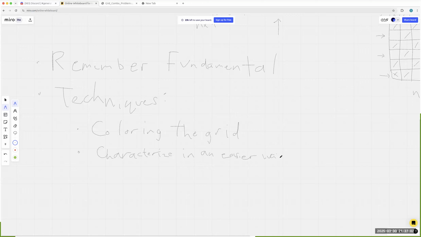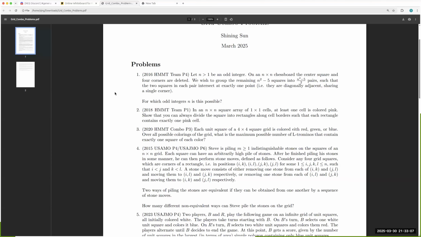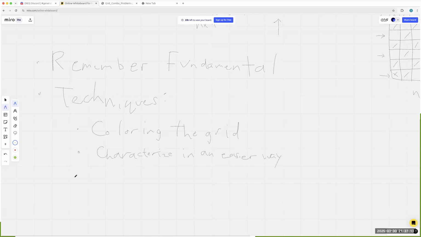And another thing we saw is that we want to remember the fundamental combinatorics techniques, like invariance in problem four. Invariance and monovariance may come up in such problems.